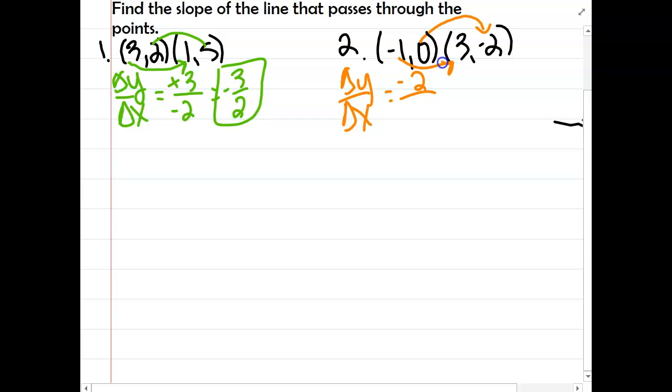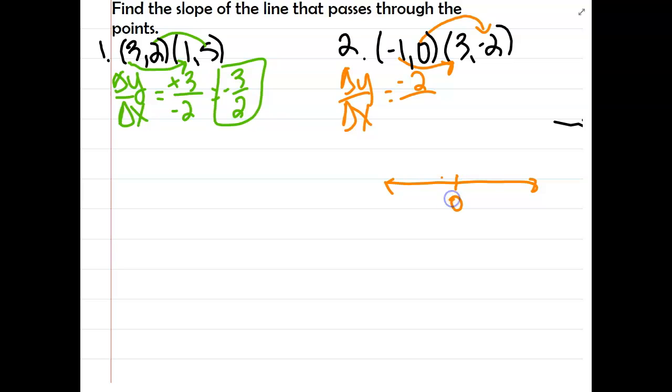Now, for your change in x, you're going from negative 1 to 3. If you're going from negative 1 to a positive 3, what direction is that? Positive. Anytime you're going from a negative to a positive or positive to a negative, I think it's kind of handy to picture a number line. You don't have to necessarily draw one, but maybe picture one.